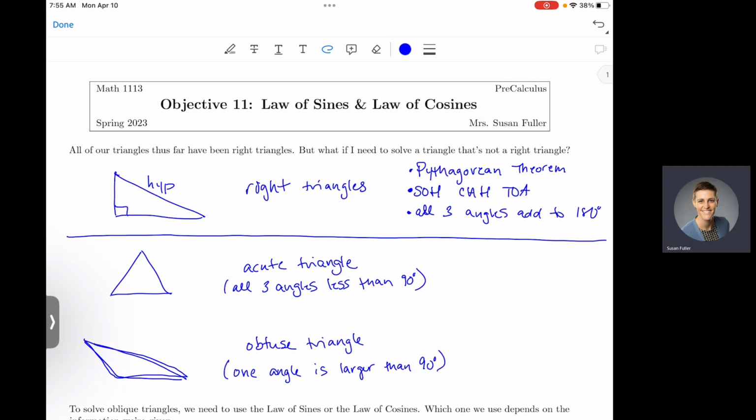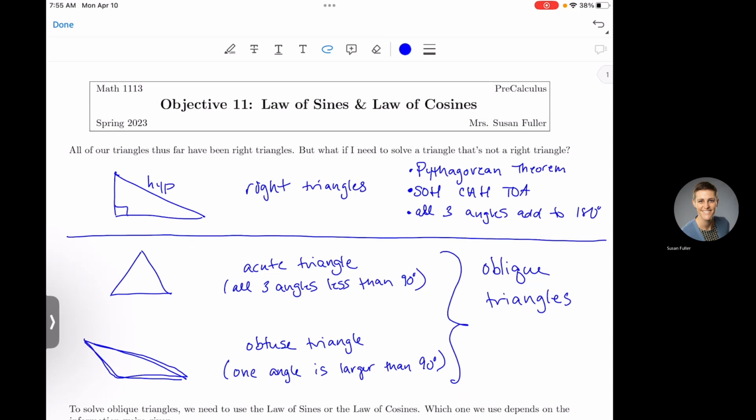That's an obtuse triangle. Now, obtuse triangles and acute triangles are lumped together underneath the same umbrella that we call oblique triangles. Basically, oblique triangles are triangles that don't have a right angle. So we'll either be acute or obtuse.